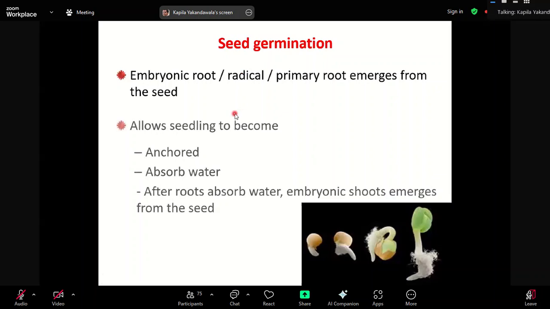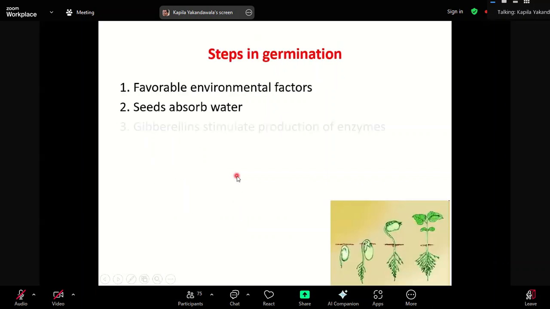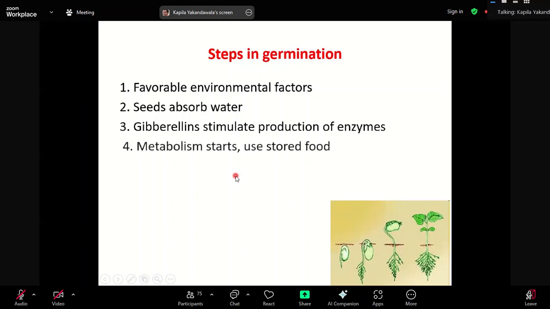During seed germination, what will happen? The radicle will develop a root. So once the root system is developed, the seed will be anchored into the soil, so that the radicle anchored into the soil can absorb water. When water is available, metabolic activities are activated within the seed. Stored food will be broken into simple compounds, right?